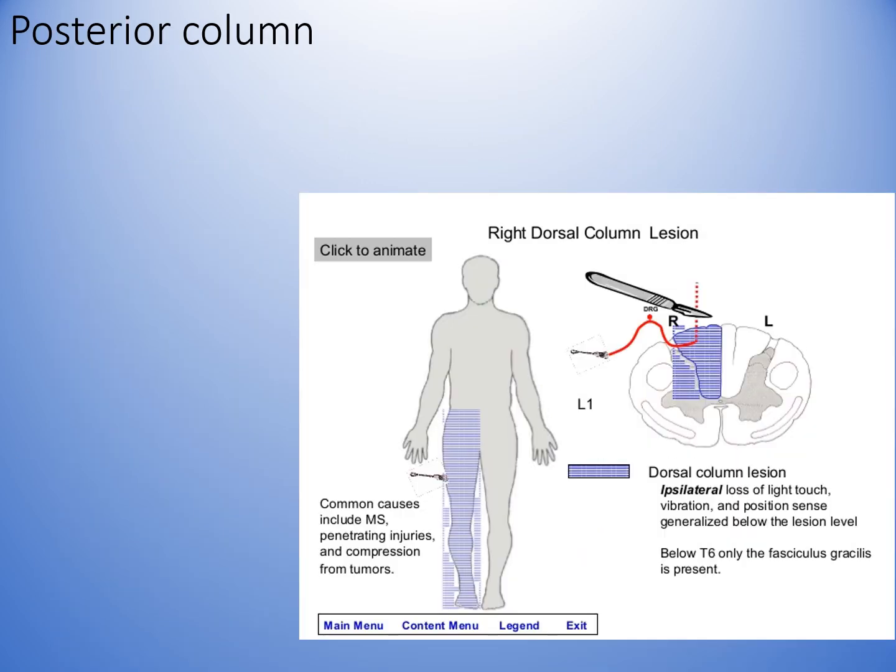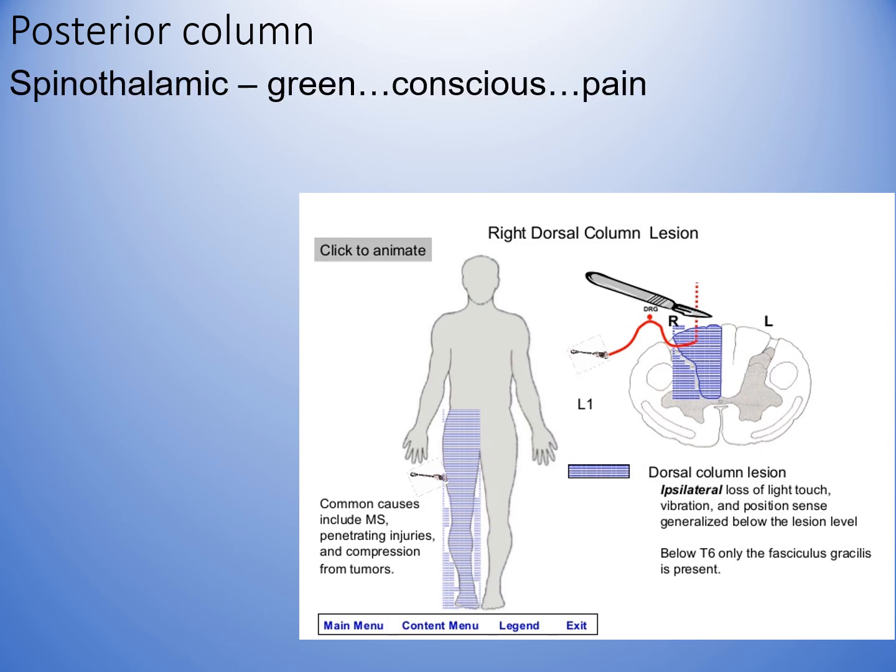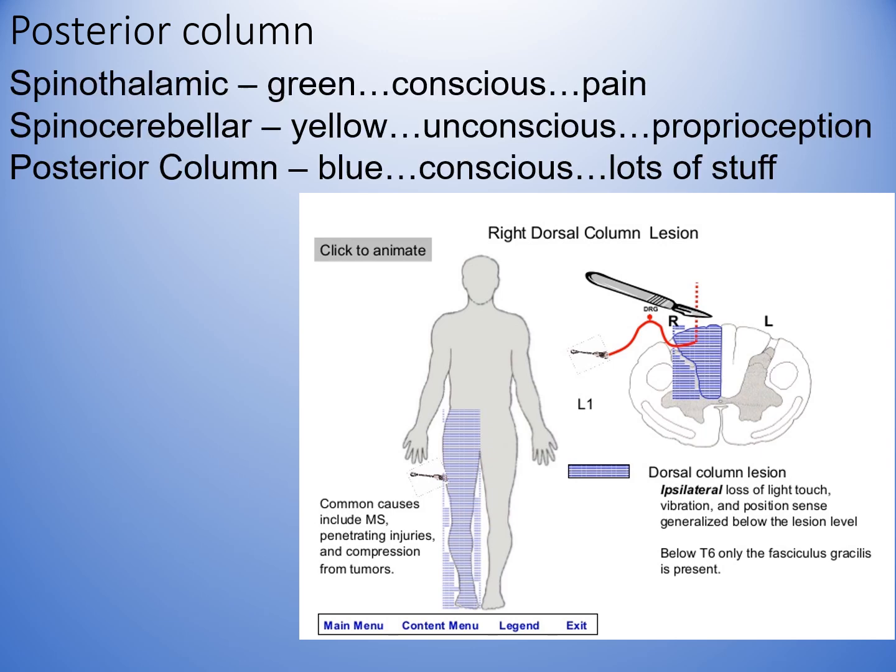It gets a little easier to understand the pathways in the white matter of the spinal cord when you start to look at what some of the injuries do. So this picture here has a penetrating injury or a compression injury to the dorsal column, or the posterior column, in the spine. We said that this column carries lots of different information.